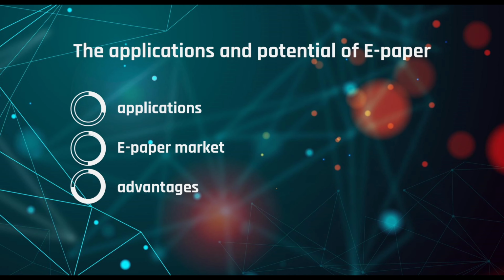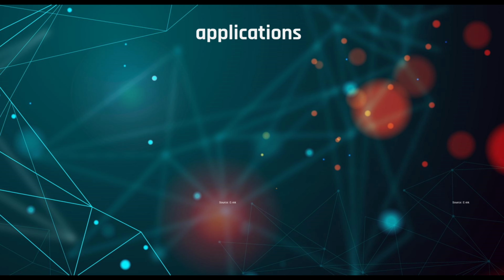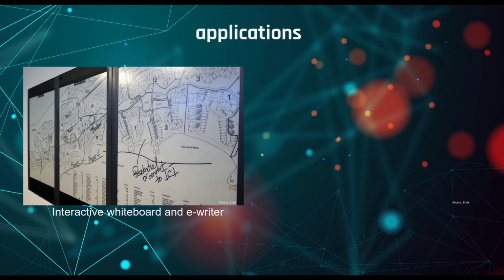Next, we are going to talk about the applications and the potential of e-paper. We use e-paper products such as Kindle to read e-books, but there are still many applications with e-paper. The first one is the interactive whiteboard and e-writer.